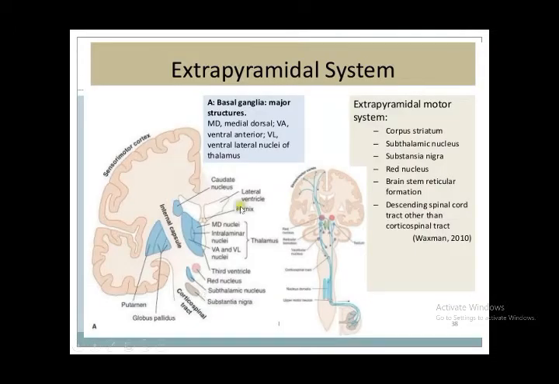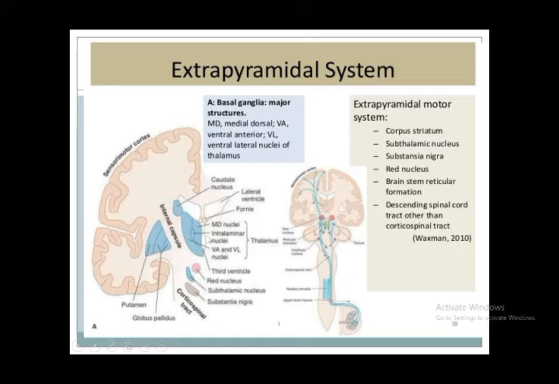This is briefly about the anatomy of the extrapyramidal system. As you can see here, the nuclear structures of the extrapyramidal system are the basal ganglia, and the extrapyramidal system also has descending tracts like the pyramidal system. The nuclear structures, the basal ganglia of the extrapyramidal system, are mainly the caudate nucleus, as you can see here, and putamen, globus pallidus with internal and external segments, red nucleus, substantia nigra, subthalamic nucleus, and also connections with the thalamus.